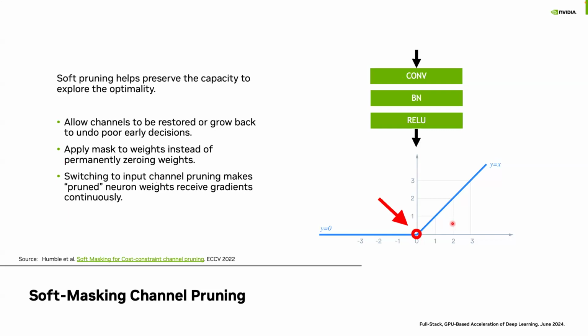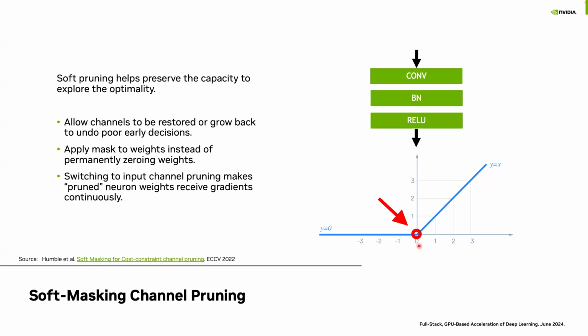Here, as you can see, if we apply the mask to the pruned weights, then in order to make sure that those pruned weights will continuously receive gradients and update accordingly, we can switch to input channel pruning instead of output channel pruning. Because if we perform output channel pruning, then that channel will always get zero output.